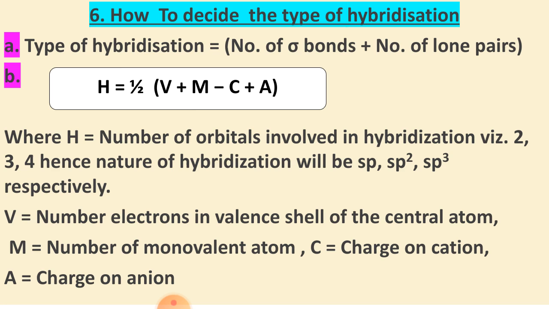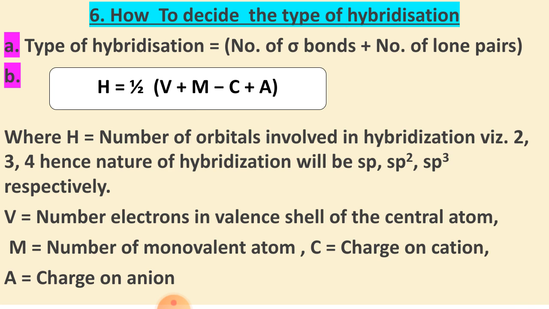One more example you can take, NH4 plus. Now you have to find the hybridization of NH4 plus. Again H equal to half, valence shell electrons in nitrogen is 5, plus monovalent atom, that is H is a monovalent atom, and how many times? 4. So 5 plus 4 equal to 9, minus C. C is here the cation charge, which is 1, so we put 1, plus anion, no anions.